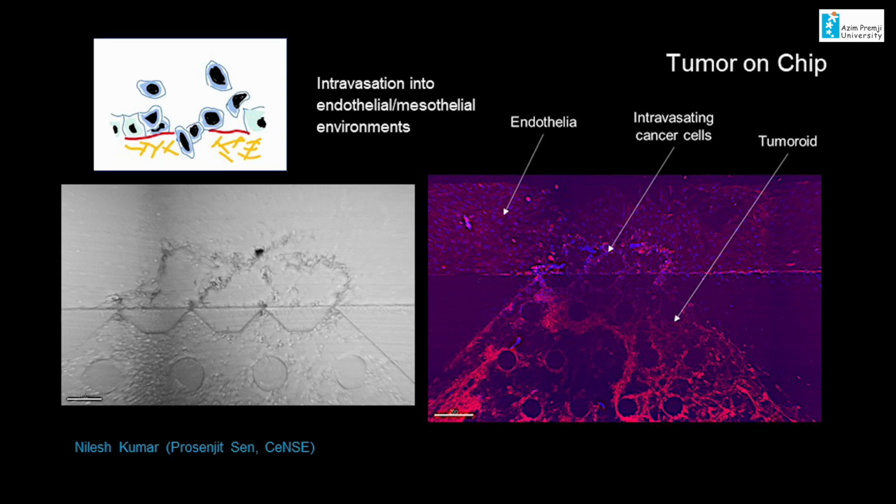In other words, enter blood vessels. We try to use these systems to understand what are the various cues that allow us to understand how the blood vessel environment affects the entry of cancer cells into the blood. What are the different processes that cancer uses to break through the natural cells that are present within our blood vessels, and how does the cancer cell survive within the blood vessel?